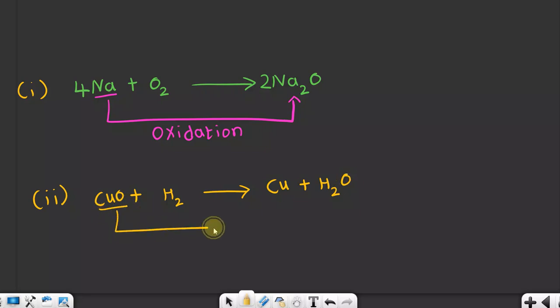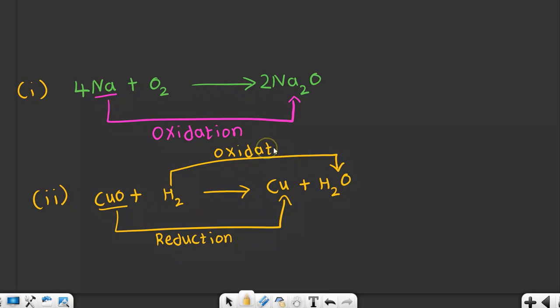In copper oxide, oxygen is removed and we got copper, so this is reduction. And in case of H2, oxygen is added and we have oxidation. In this way you can solve these questions, and you can see such simple and easy questions are being asked.